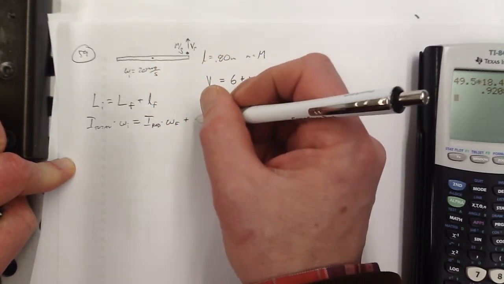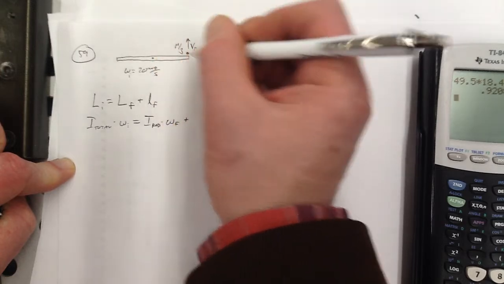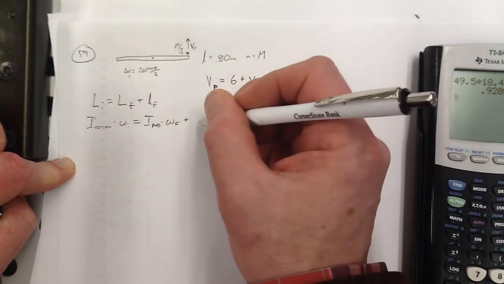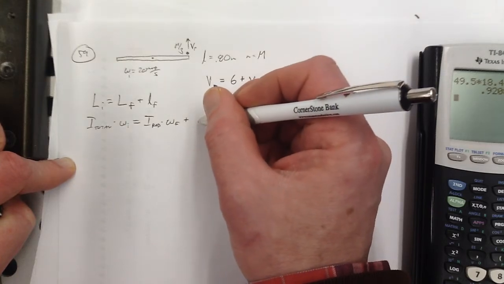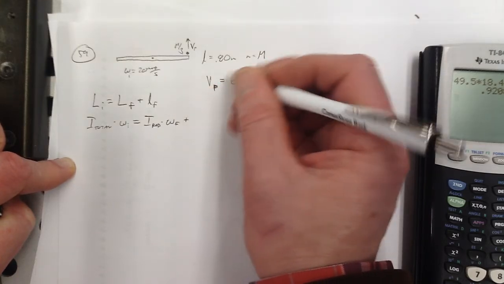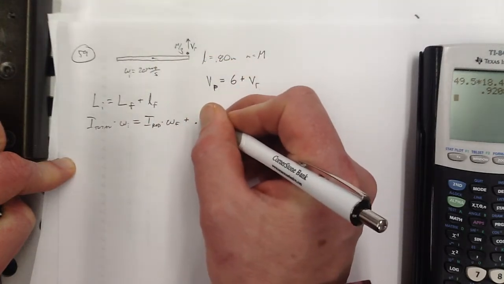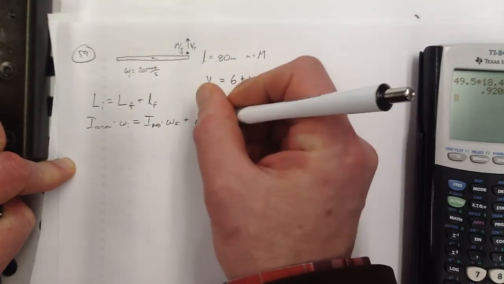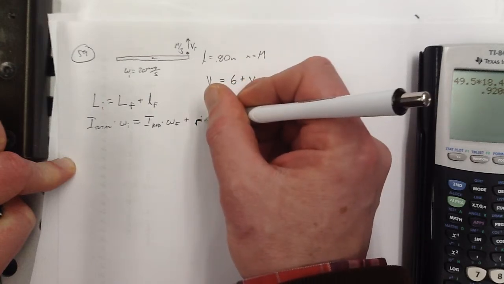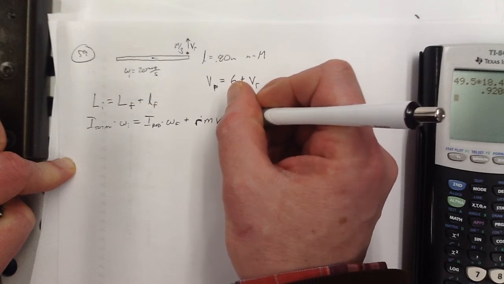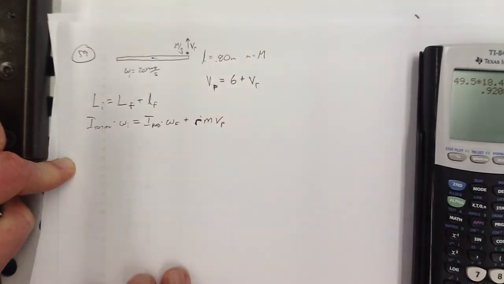The sine theta doesn't matter if we go right here, because the sine theta is going to be 90 degrees right at that ejection point. So R, the radius here, that R is half of that. Actually, I'm not going to plug numbers in yet. I'll do that in a sec. R M V of the particle.